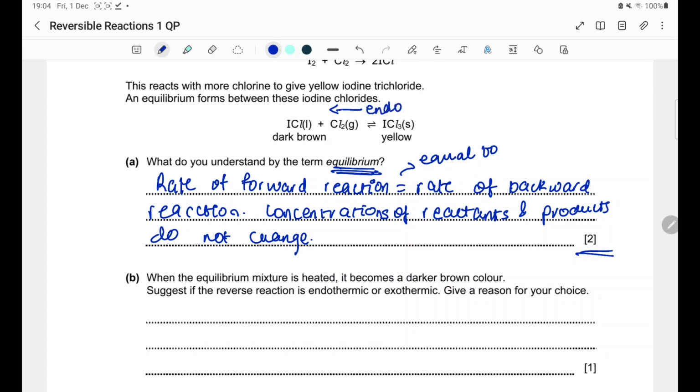Every time you raise the temperature, endothermic reaction is favored. So that means that the reverse reaction is exothermic. So first you will suggest if it's endothermic or exothermic. So you will write that it is exothermic. And then you will give your reasoning.